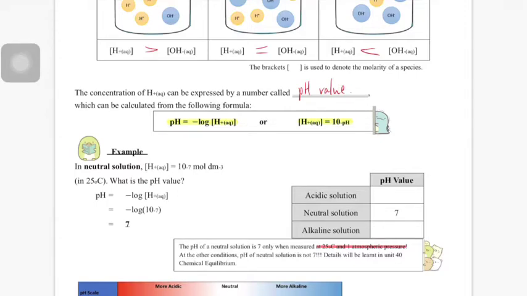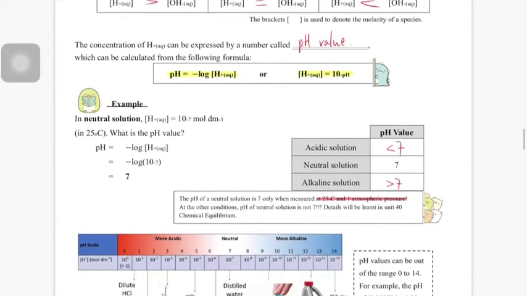Come back to this normal condition, which is standard condition, 25 degree and 1 atmospheric pressure. So we know neutral solution got pH 7, acidic solution got pH lower than 7, and alkaline solution we got pH higher than 7.